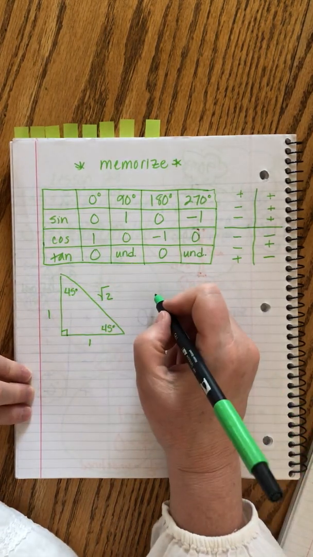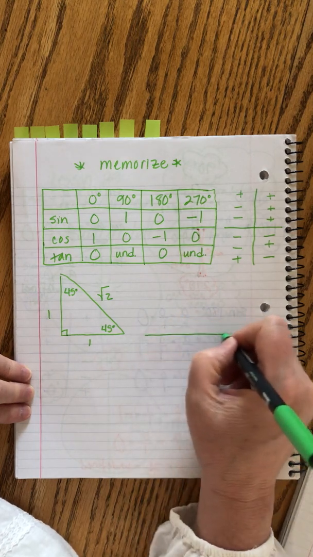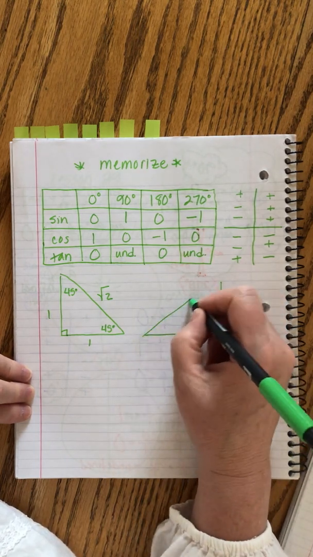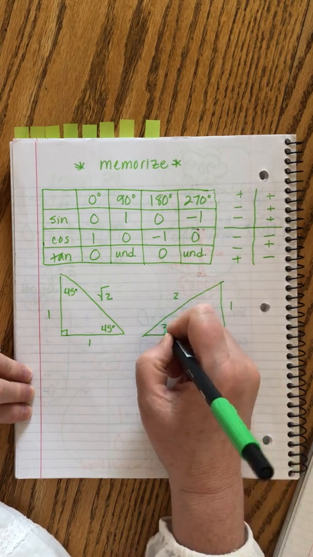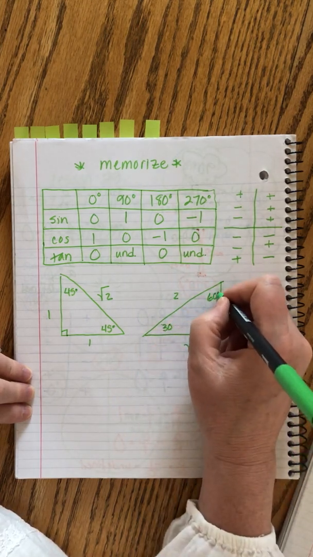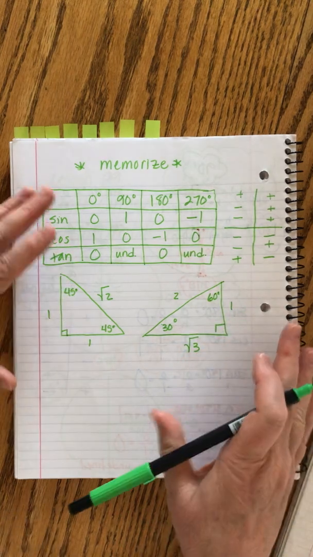That, and then this other guy. 1, 2, square root of 3, 30, 60, and 90.